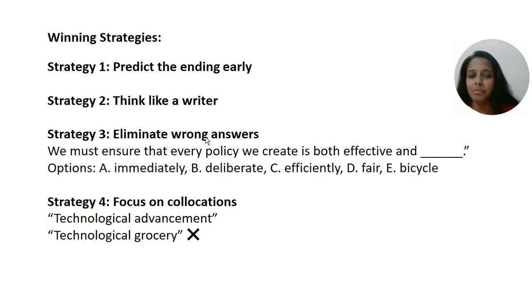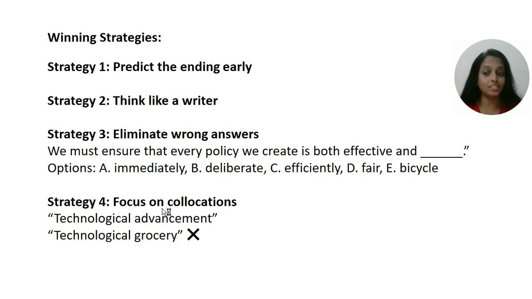Effective and immediately doesn't sound contextually right and is grammatically incorrect too. Effective and deliberate, no way. Effective and efficiently, both sound similar, the same synonym, so it will also not go. So the correct answer is fair. So you need to eliminate the wrong answers, which will not fit both contextually and tone-wise.